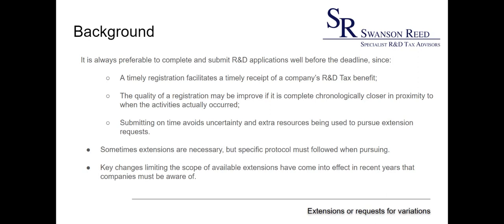Submitting on time avoids the uncertainty and administration burden of having to pursue extension requests. Sometimes, however, extensions are necessary, and there is a specific protocol to be followed when pursuing them. Some key changes limiting the scope of available extensions have also come into effect in recent years that companies must be aware of.